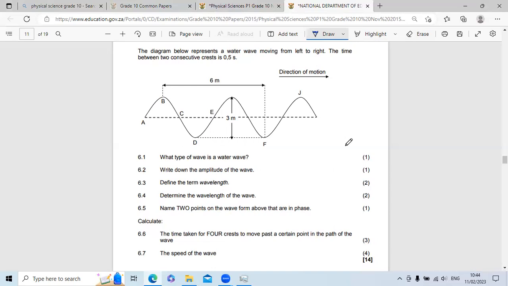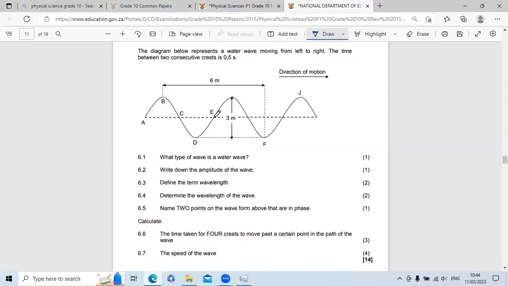Is it 3 meters? No, sorry. If you look at this, the 3 meters is from up here to down here. You can see.